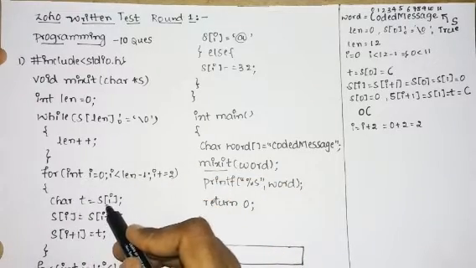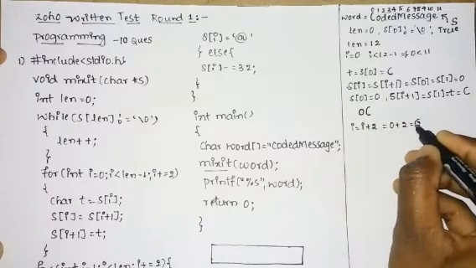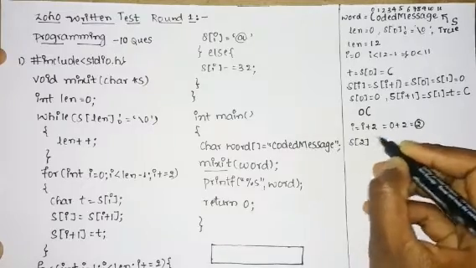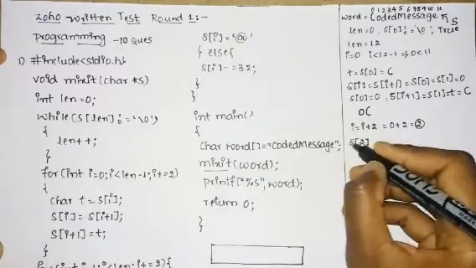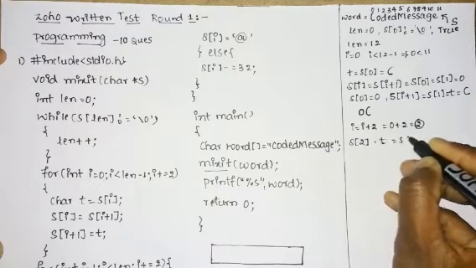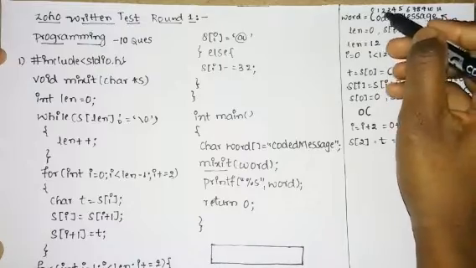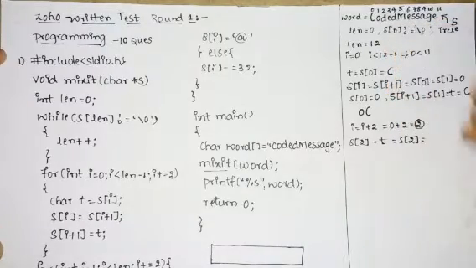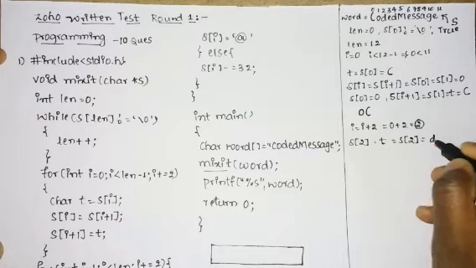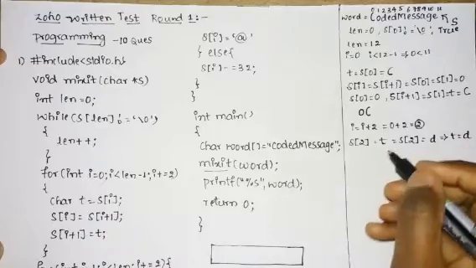Again t is equal to s of i, so t is assigned with s of 2. What is the value of s of 2? Here you can observe the value of s of 2 is nothing but d. So t is assigned with d.